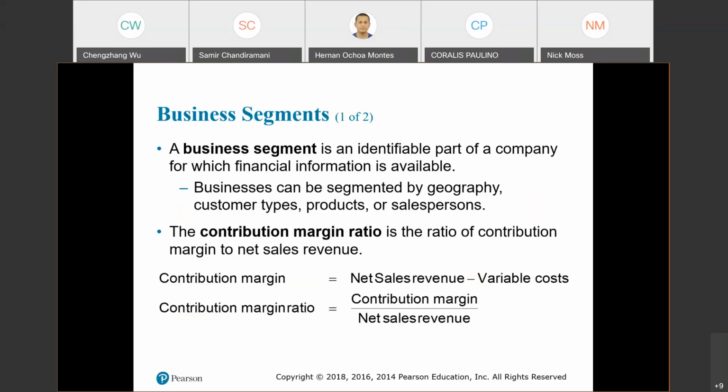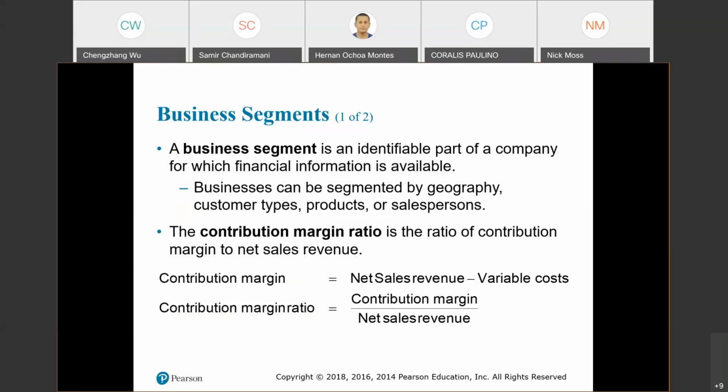Next, let's see the business segment information. A business segment is an identifiable part of the company for which financial information is available. Business segments can usually be segmented by geography, customer types, product types, or salespersons.